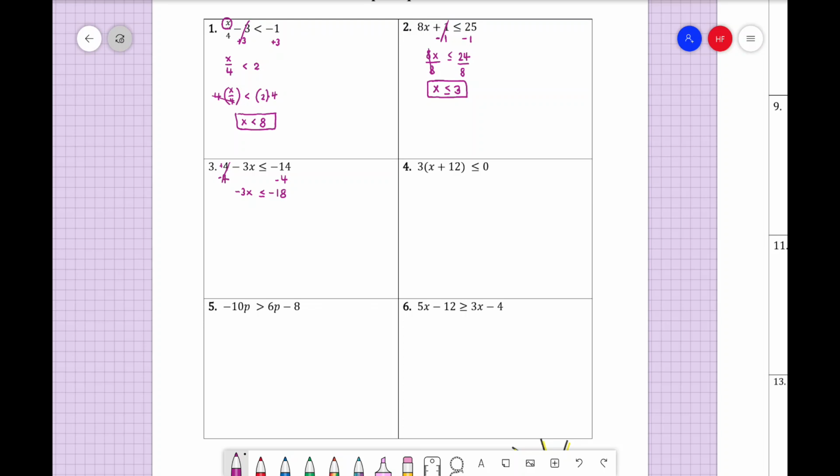So now I need to get rid of this coefficient. I'm going to divide it out. Watch out though, this is negative, so my sign needs to flip. So x is now greater than or equal to negative 18 divided by negative 3 is a positive 6.